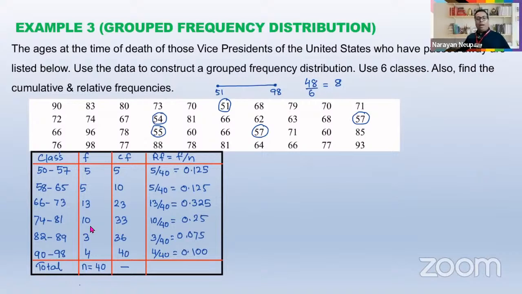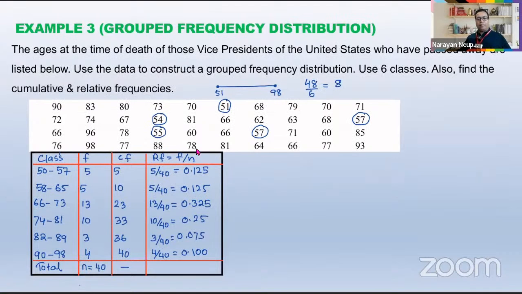Now, if you add all those relative frequencies, what will you get? You'll get 1, because the sum of relative frequency is always 1. And if I want to know the meaning of, for example, this number that I'm pointing at, 0.125, that means 12.5% of the data is between 58 and 65.